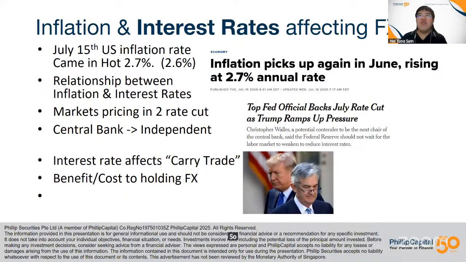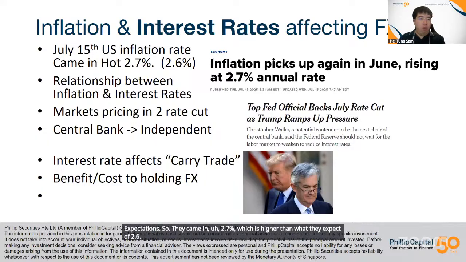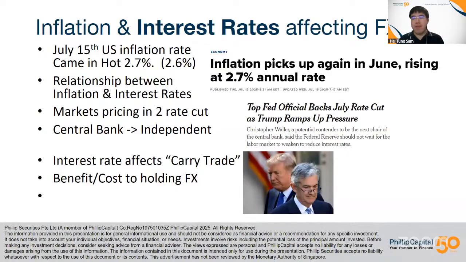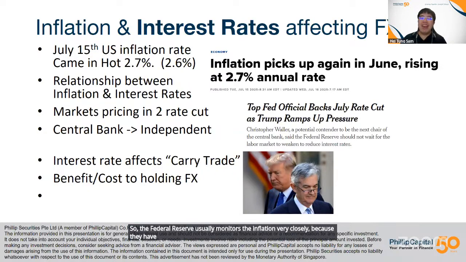Now, inflation and interest rates affecting FX. On July 15, the US inflation rate actually came in above expectations. It came in at 2.7%, which is higher than the expected 2.6%. The Federal Reserve monitors inflation very closely because they have what we call the dual mandate.